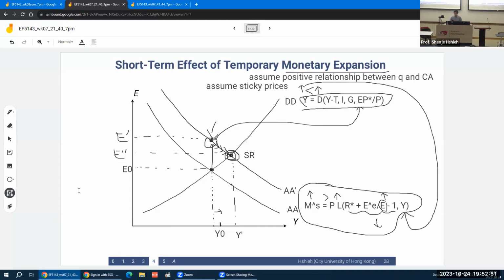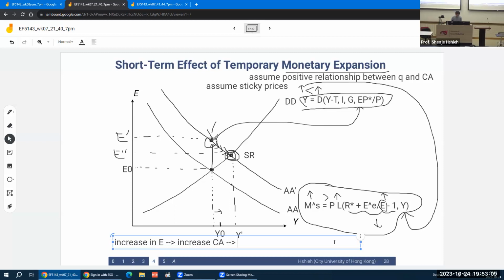All right, so maybe I will write the takeaway here. So an increase in E will increase CA, and that's going to feed back into more money demand from L, and that's going to decrease E, right?